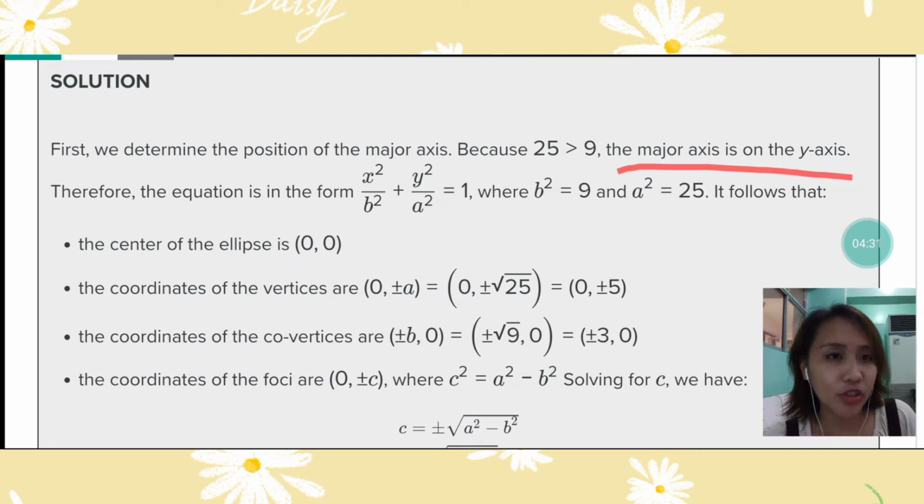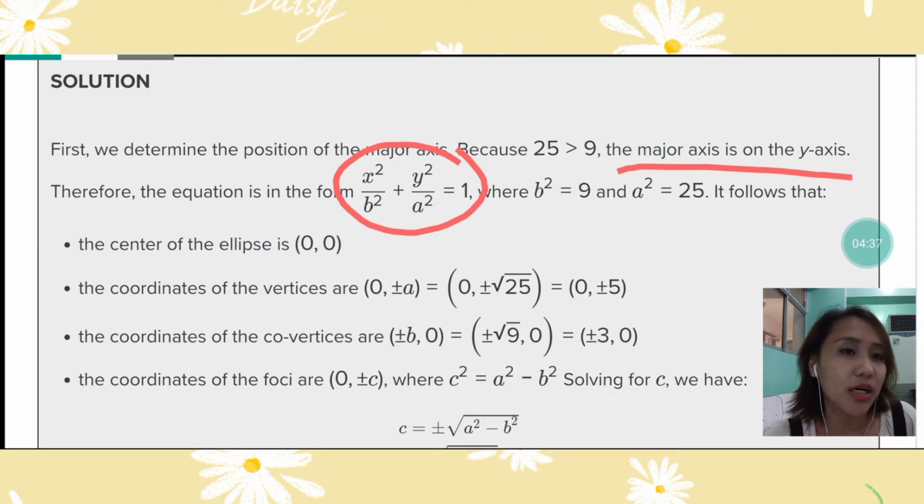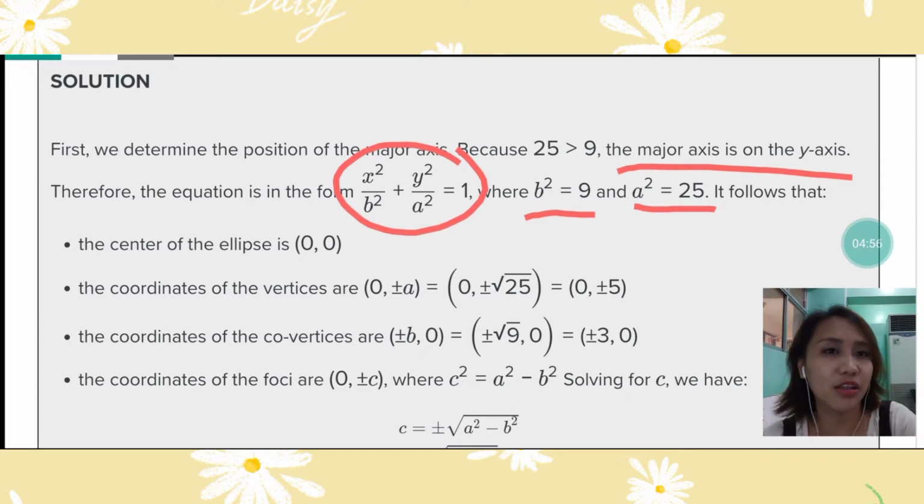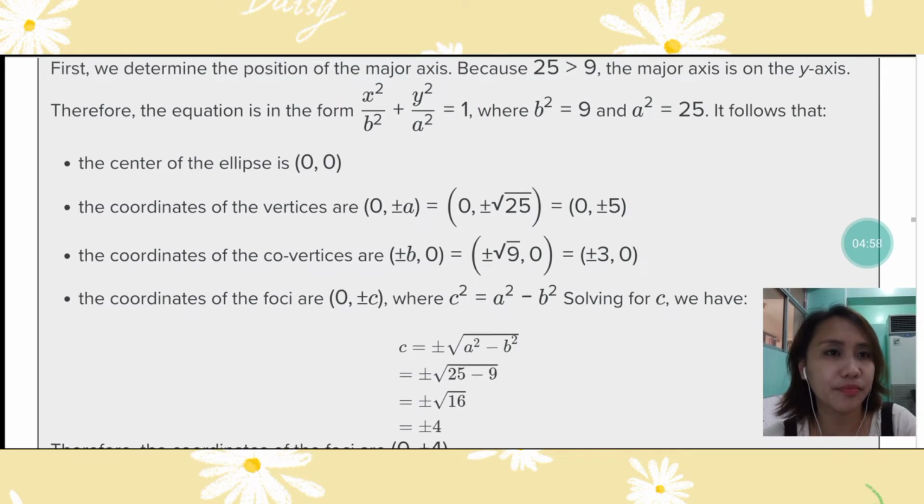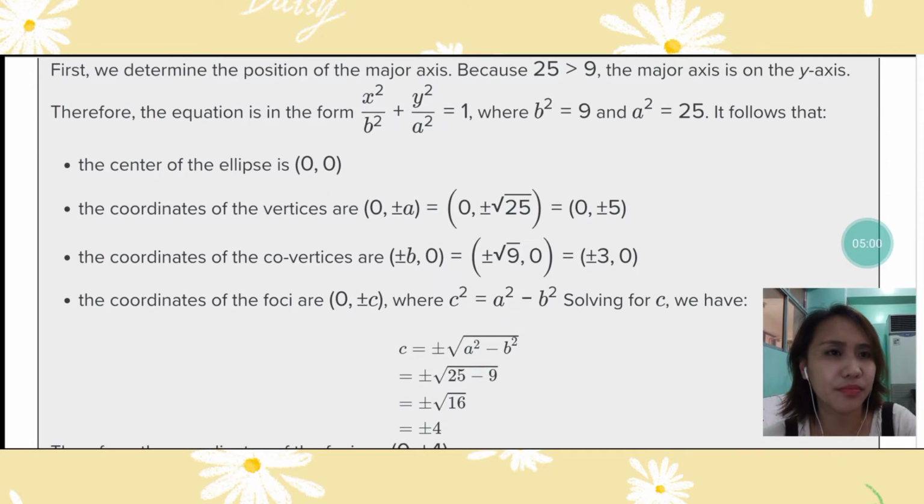So the equation is in the form x squared over b squared plus y squared over a squared is equal to 1. A squared will be under y squared because it is greater than b squared. So b squared is already given, that's 9, and a squared is 25.